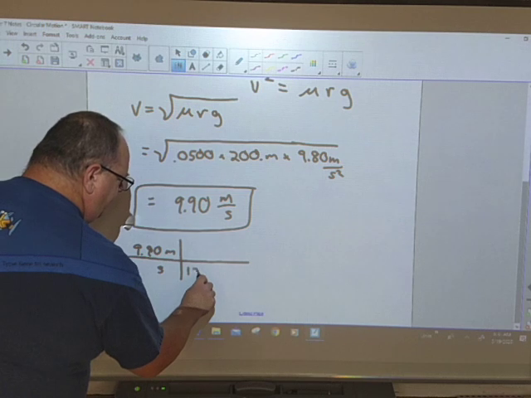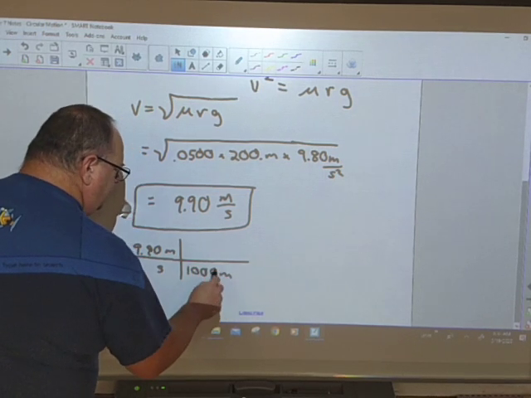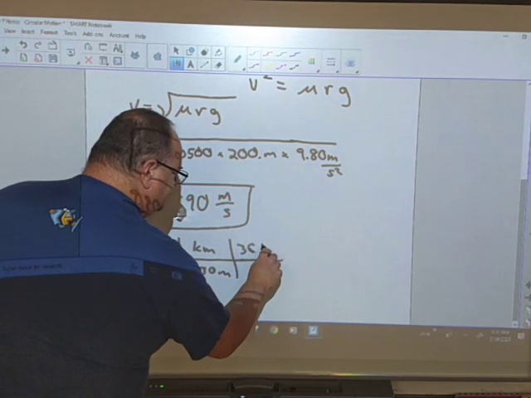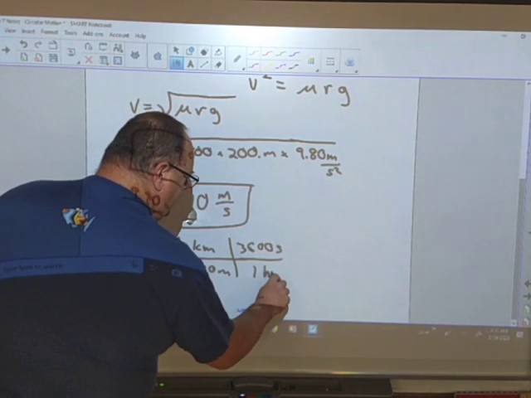And there's 1,000 meters in a kilometer. And there's 3,600 seconds in an hour.